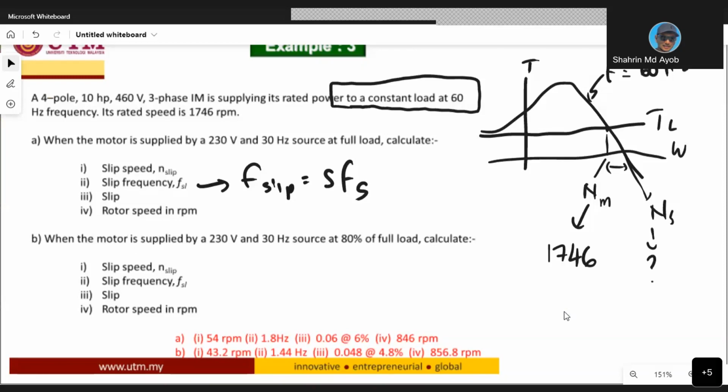Because I want to also solve this, question number B, 80%. So how can you solve that? Yang ni apa.